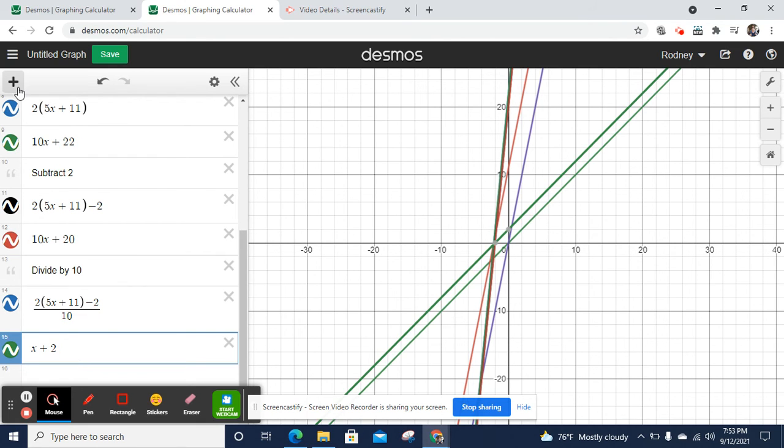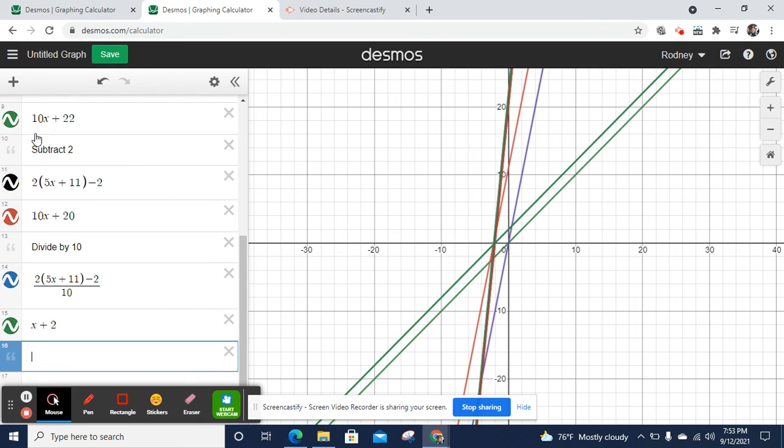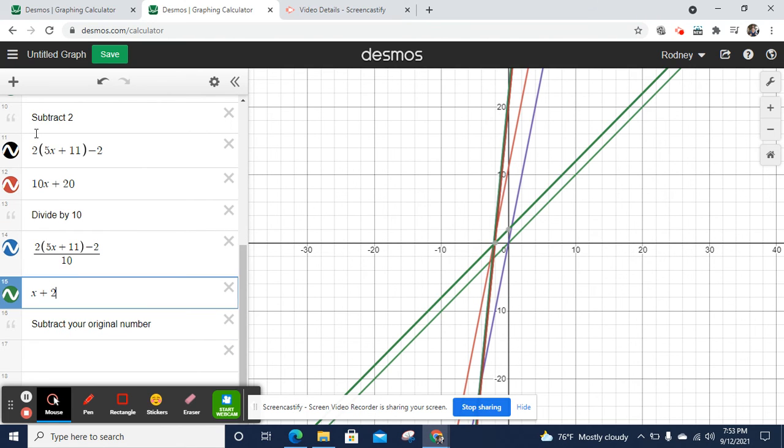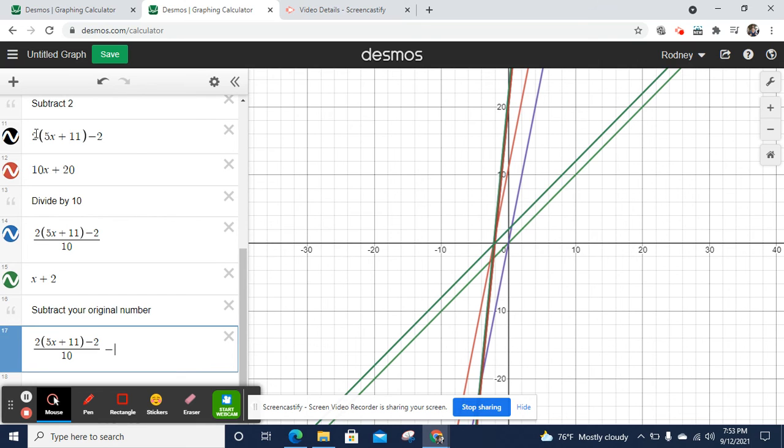So now we will subtract your original number. That means this whole mess minus x. You notice it made a horizontal line that goes through y equals 2.